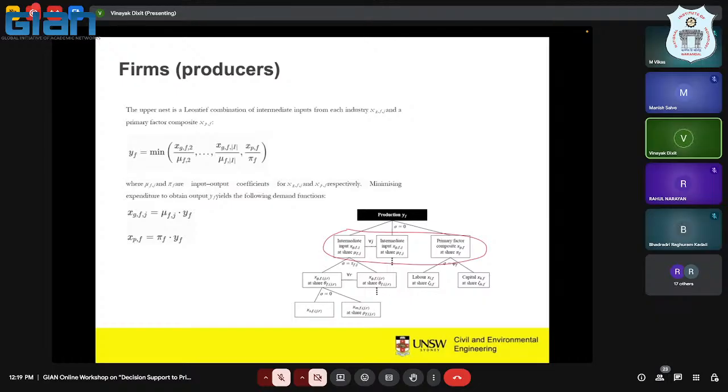Any questions? So, sir, in all this, with firm and customer, we only see the producer, right? In that case, how do we know the attraction in this model or the community?